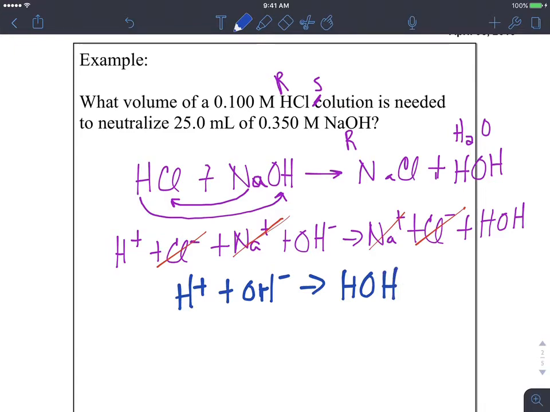Now, coincidentally, every single reaction involving an acid and a base will give us this type of net ionic equation. Now, the word I was trying to say there earlier is something called a neutralization reaction.